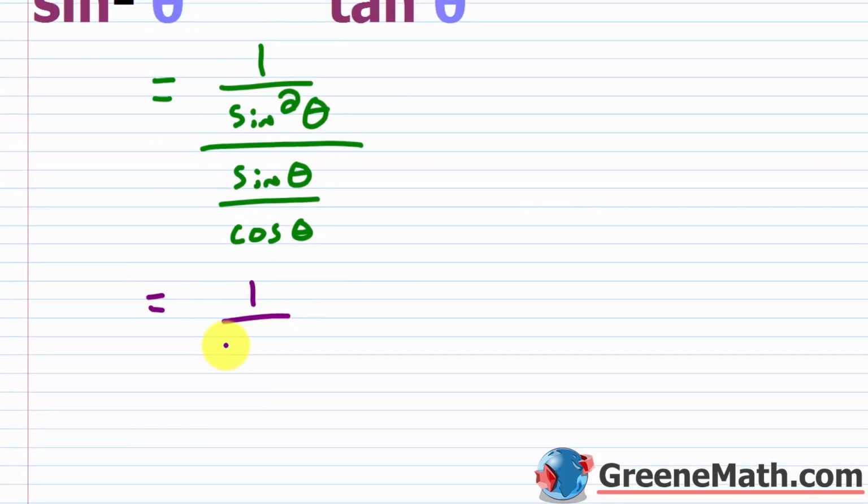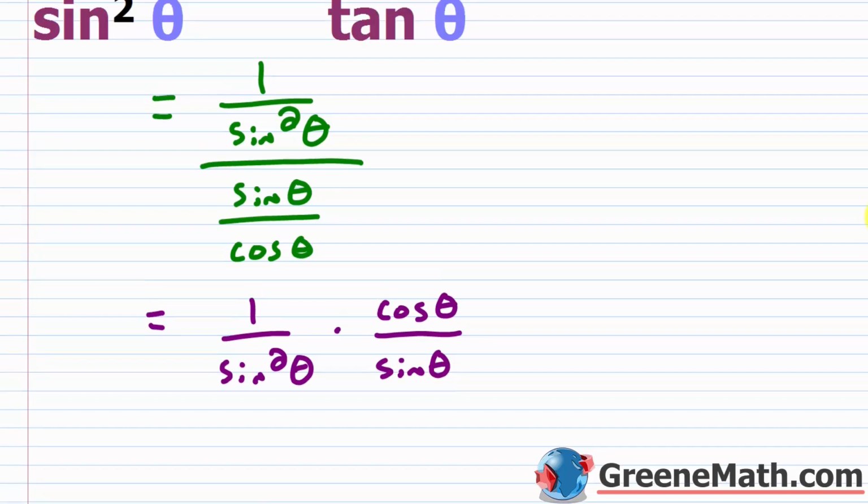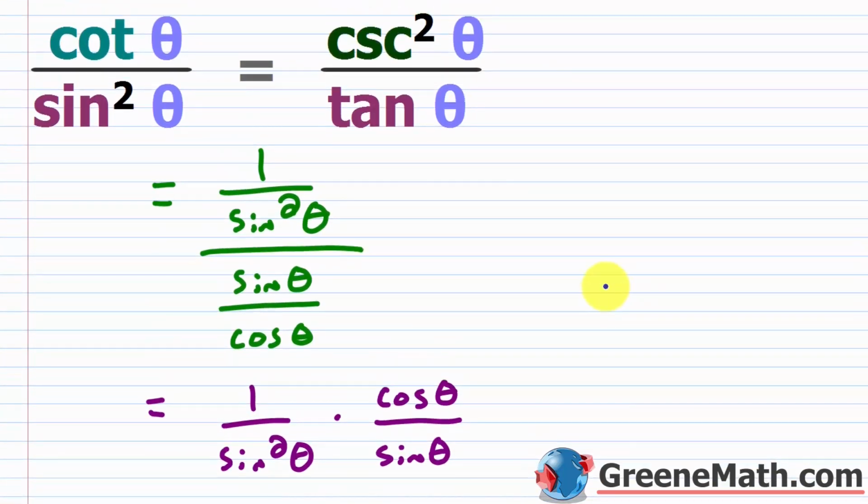So let's scroll down a little bit. And I'm going to go 1 over sine squared theta times, this is going to flip, so it's going to be cosine of theta over sine of theta, okay? And can anything cancel here? Well, no, you might be expecting to cancel sine of theta. So at this point, you might stop and say, well, what's going on? So let's go back up here, okay? Let's think about what we have. We have cotangent of theta over sine squared theta.